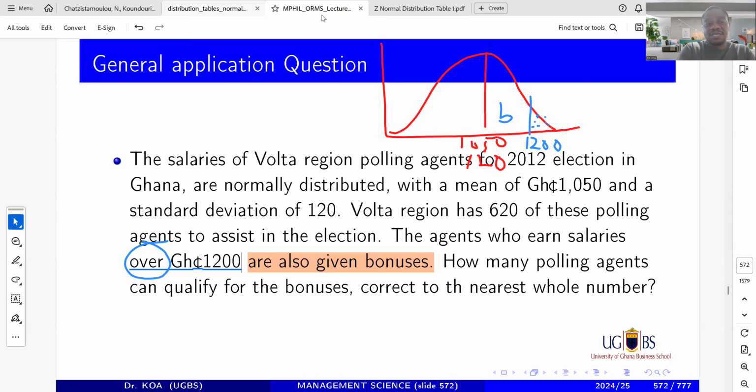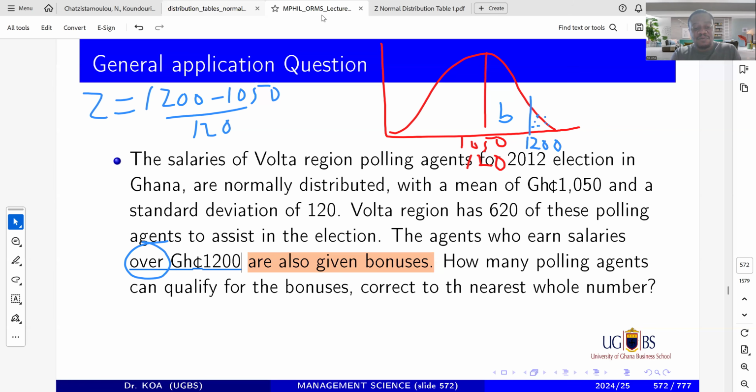But watch this. You have to use a Z-table. So Z will be 1,002 minus 1,050 divided by 120. Somebody should find the answer for me. So 1,002 minus 1,050 is minus 48.